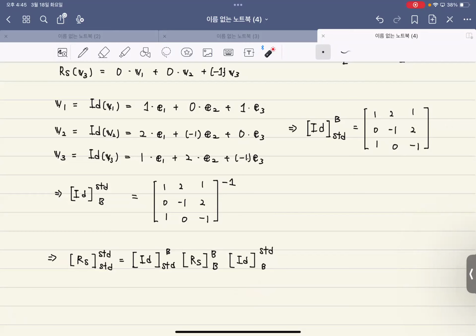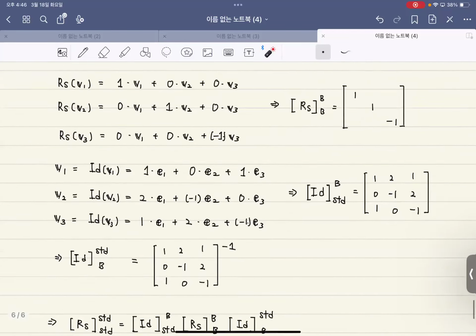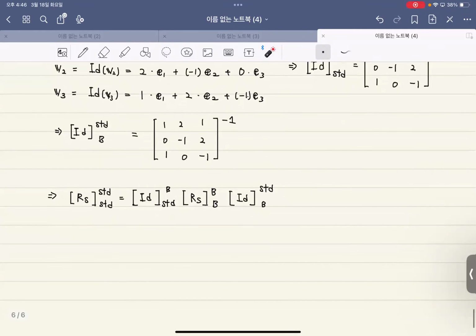Suppose you try to do this exercise without using the change of basis tree. I believe that should be way more complicated. The change of basis tree is very useful and universal, so you should be able to do this very fluently.